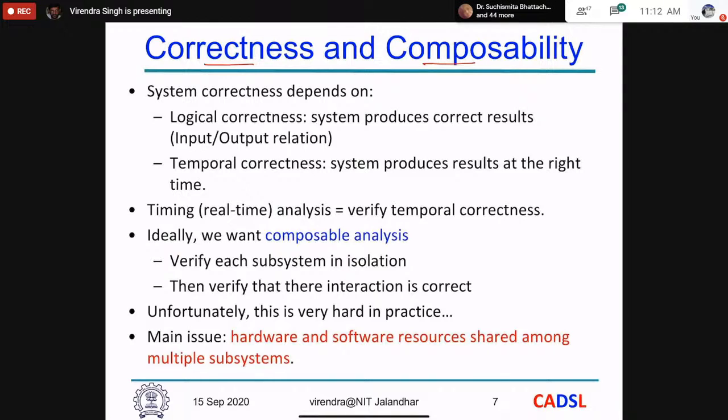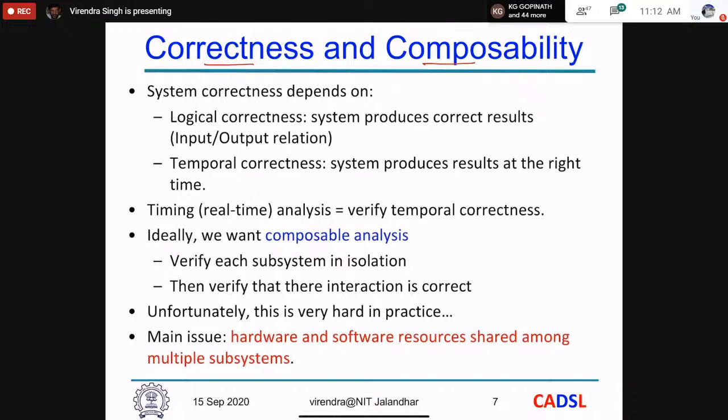Now correctness I can say in two ways. One is the logical correctness, and another one is the temporal correctness. Logical correctness means your system should produce the correct result, so that is the input output relationship it should maintain. It should not deviate at all from the input output relationship that was defined for a given system.